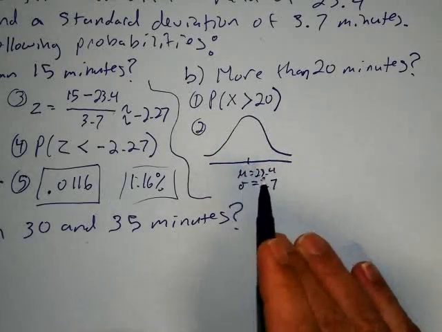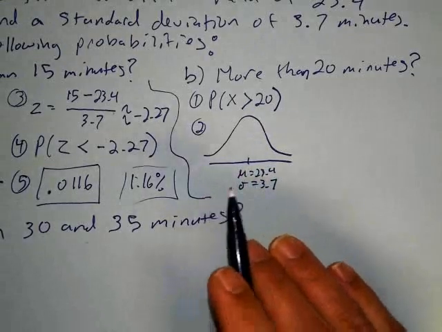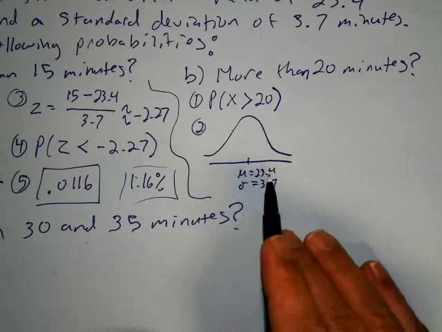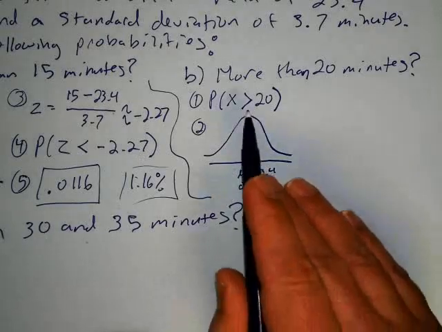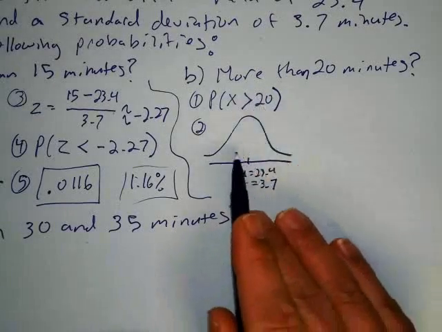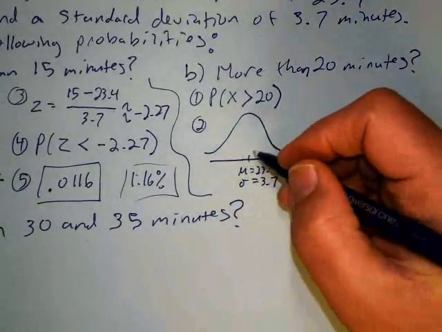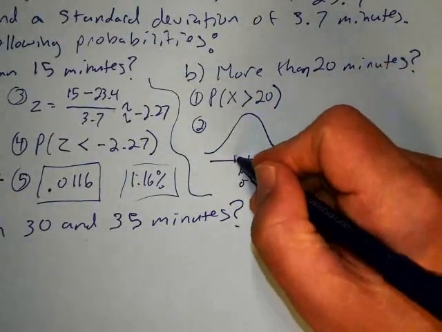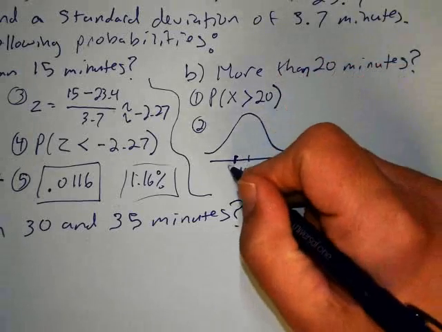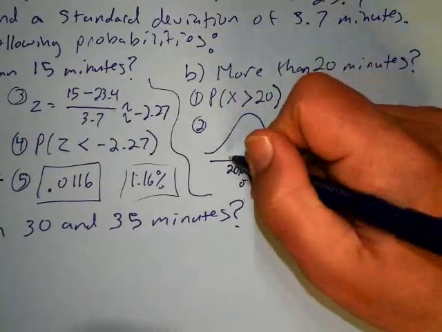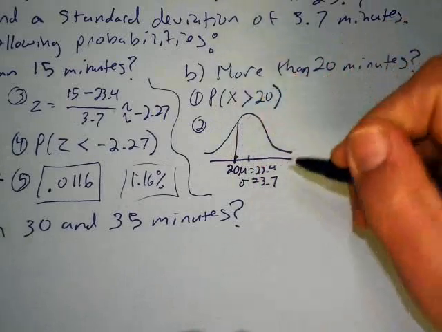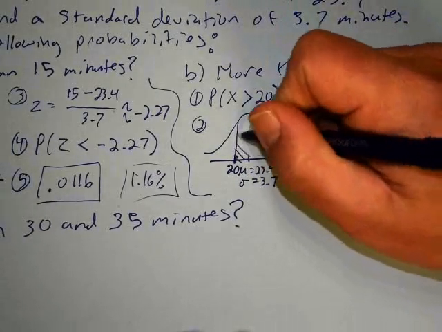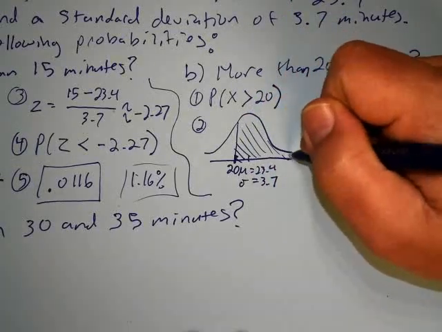The middle is the mean, right? If these are Z-scores here, then the middle's 0. But if they are X-scores, then if the value is below the mean, you're going to put it on the left. And 20, that's not that far below the mean. So, less than 1 standard deviation. So maybe I'll put it right there. And I want to know what's the probability that I'm going to wait more than 20 minutes. Okay, so it'll be this area right here.